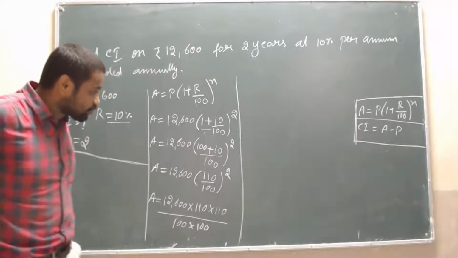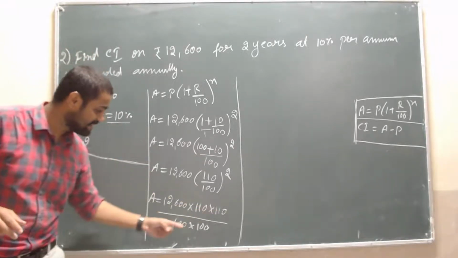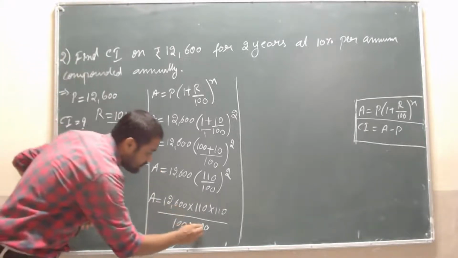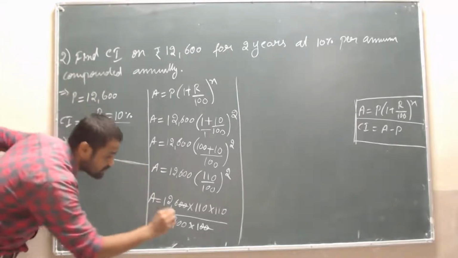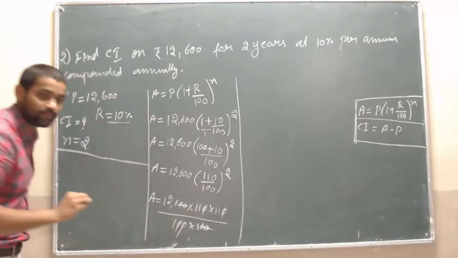Then 100 square is equal to 100 into 100. So I have written 110 into 110 and 100 into 100, it is easy to find out. Two zeros cancel, two zeros cancel. Concentrate. This zero cancels this zero, and this zero cancels this zero. What do we have left?